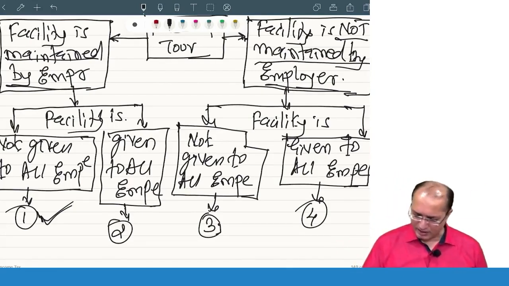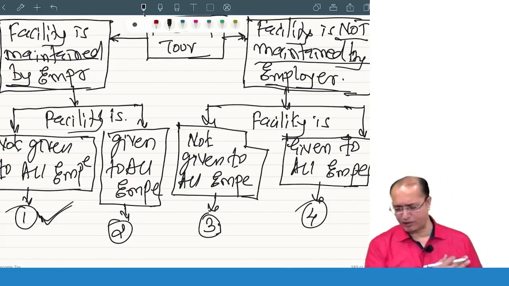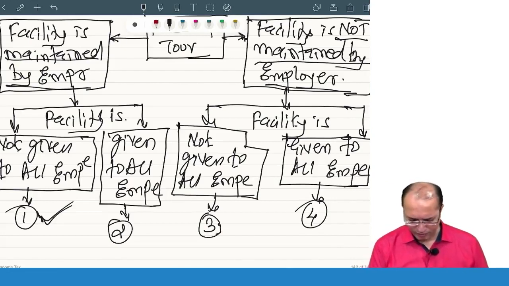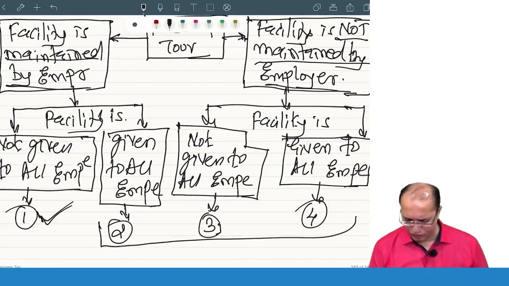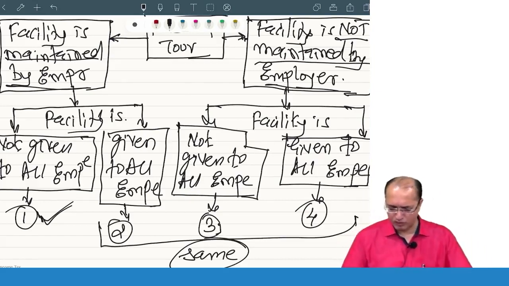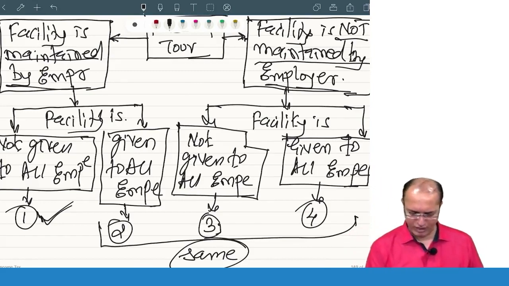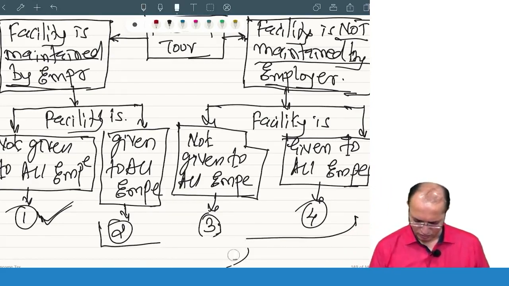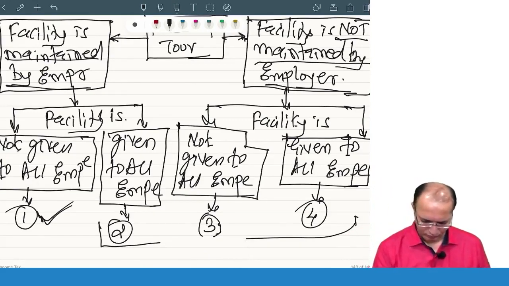So what the government has done: the perquisite valuation rules for the first possibility are different, and the perquisite valuation rules for the second, third and fourth possibility are same. There is no change.